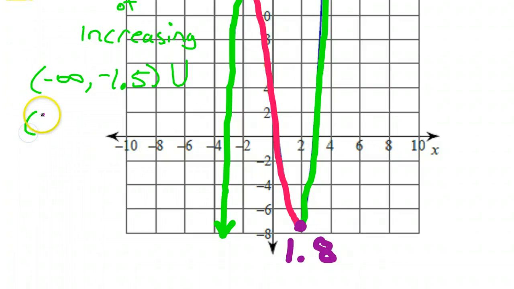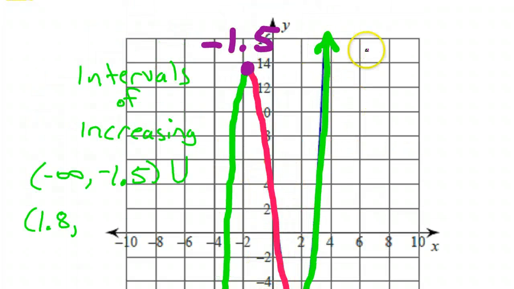So we're going to start off here at 1.8. And then how far to the right does it go? Well, it goes to the right forever. Yes, it goes up, but we don't care about that right now. We're doing x values, and it goes to the right forever, so that is positive infinity. So these are the two increasing intervals.